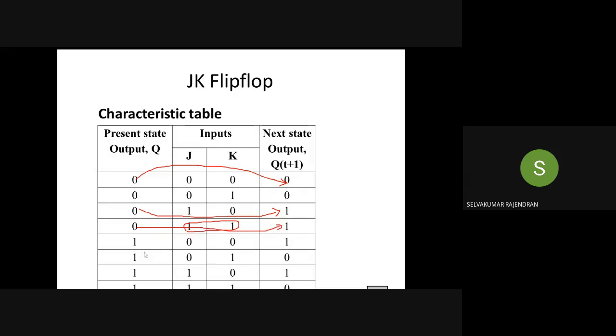Then for the logic 1 condition, the same operation is followed. 0, 0 means memory state, so it follows the present state output to the next state; 1 is repeated in the next state. 0, 1 is the reset condition, so 1 resets to 0. 1, 0 is the set condition, so 1 sets to logic 1. 1, 1 means toggling condition, so if logic 1 is in the present state, it will be complemented in the next state: 1 complemented to 0. So this is the characteristic table.